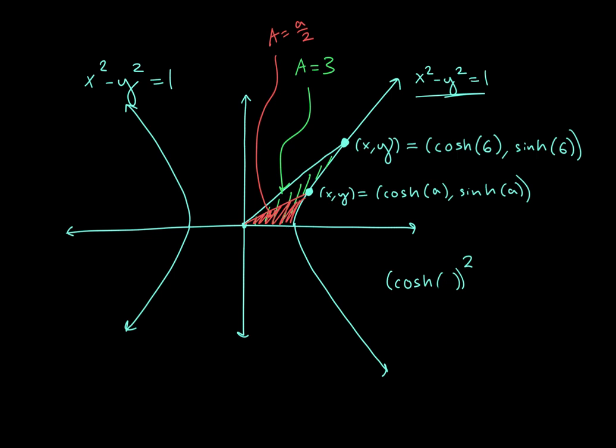So cosh of a squared plus, I said plus, that's not what I want. I want minus. I'm so used to trigonometry on the brain. Minus sinh of a squared is equal to 1. So here's our first fundamental relationship between cosh and sinh.